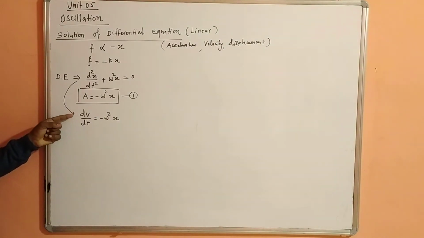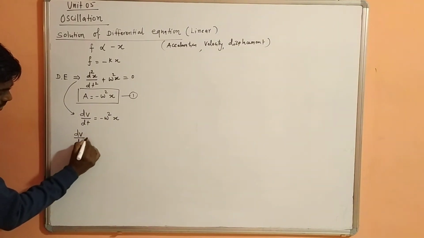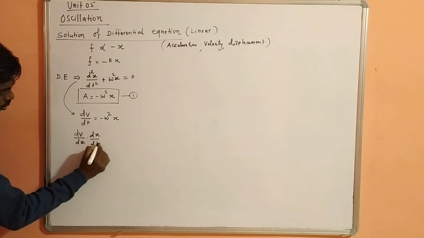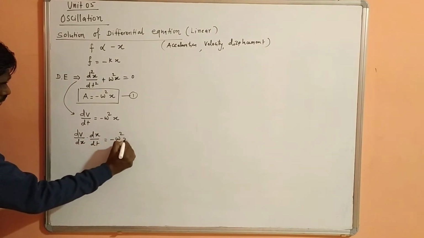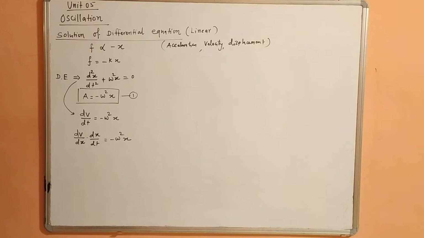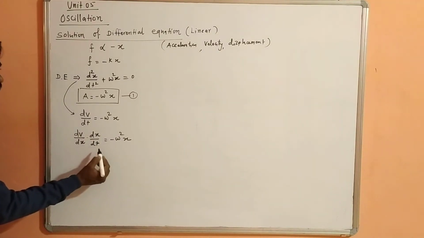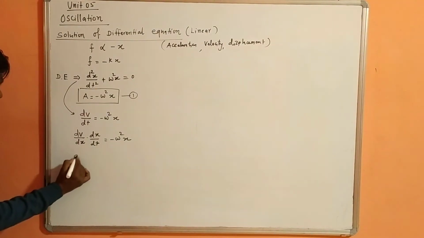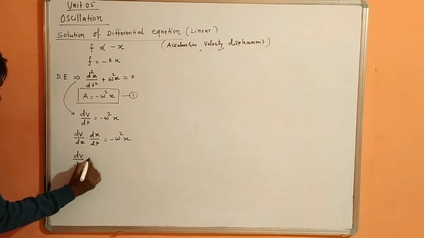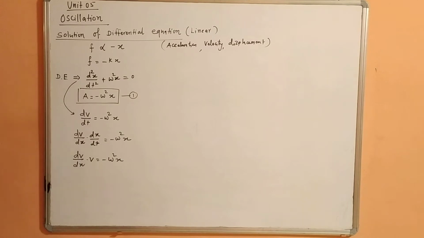I will rearrange this step: dv by dx into dx by dt, only adjustment, dx cancel, we get dv by dt is equal to minus omega square x. Dx by dt is nothing but v, rate of change of displacement is nothing but velocity. So dv by dx into v is equal to minus omega square x.